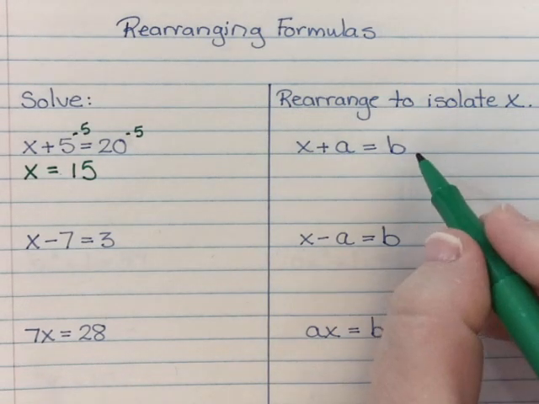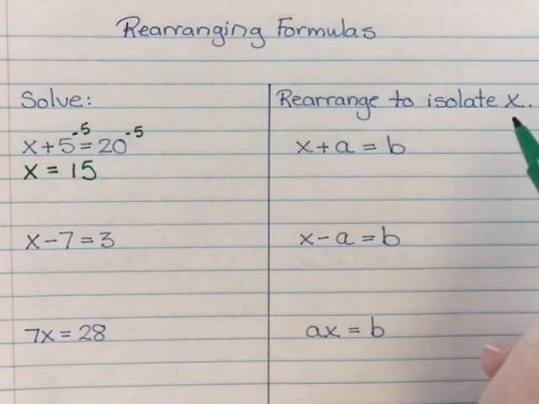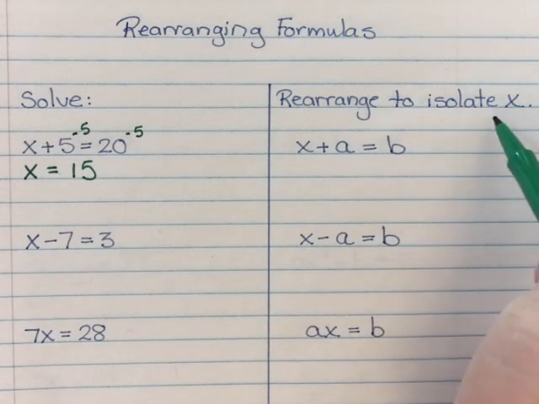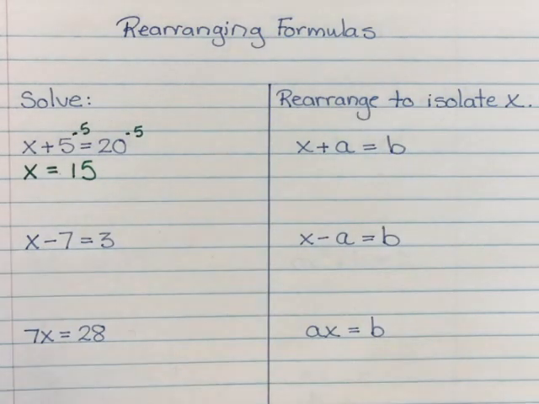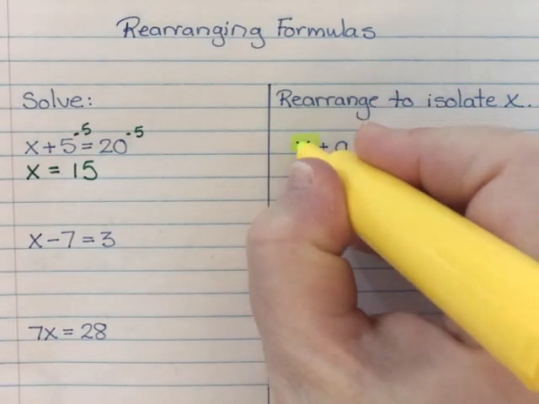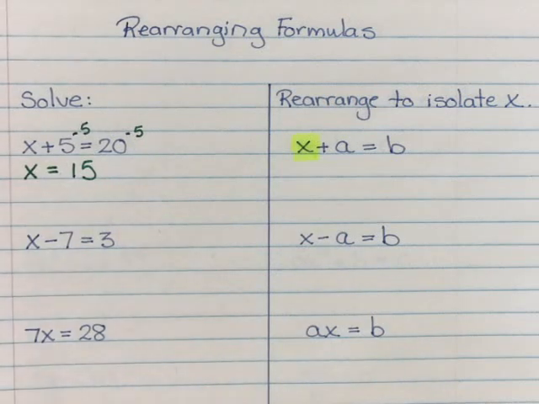On the other side, it says rearrange to isolate x. Isolate means get x by itself. So we want to try to rearrange this so that x is all by itself. Now, when I am rearranging formulas, I do like to highlight the letter that we are trying to isolate. It helps me keep an eye on what it is that I'm supposed to be getting by itself.